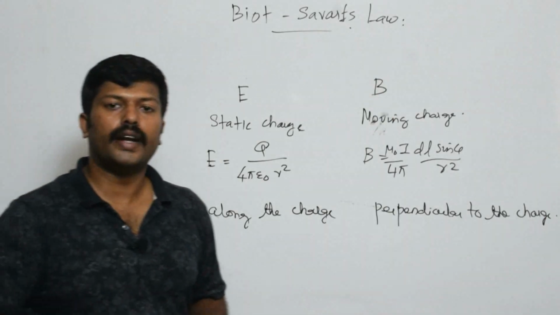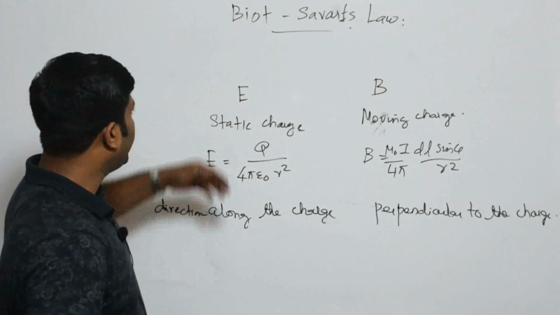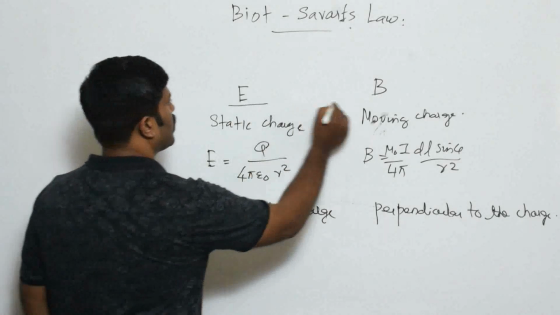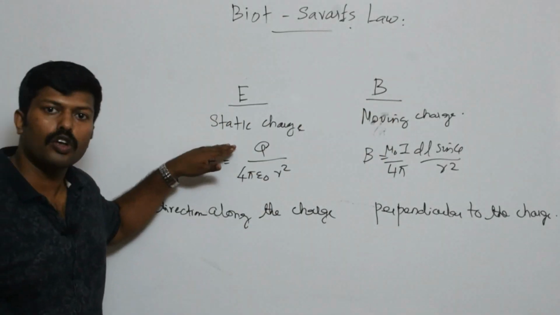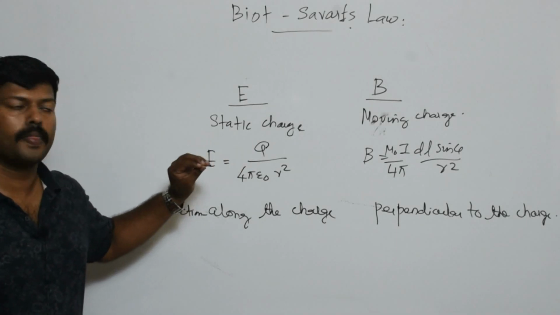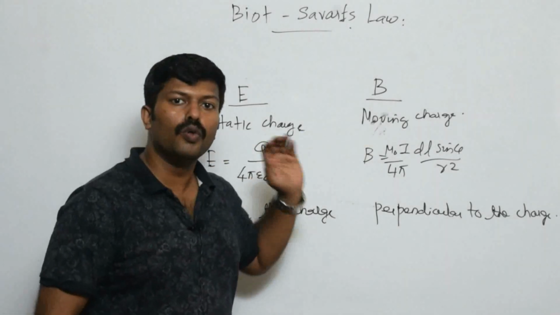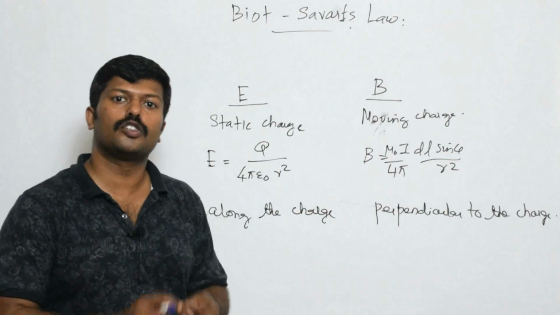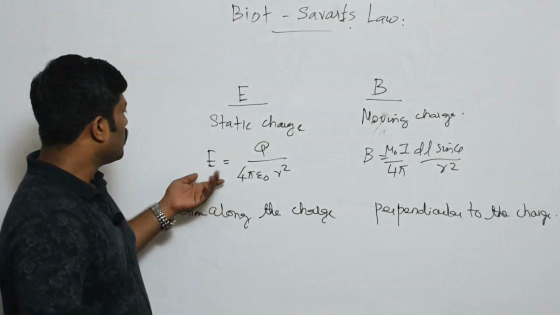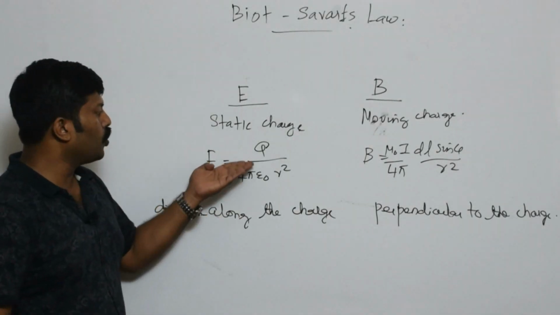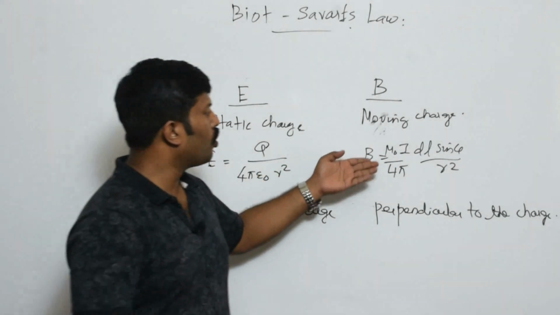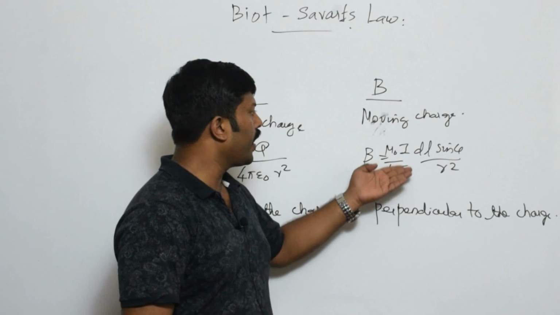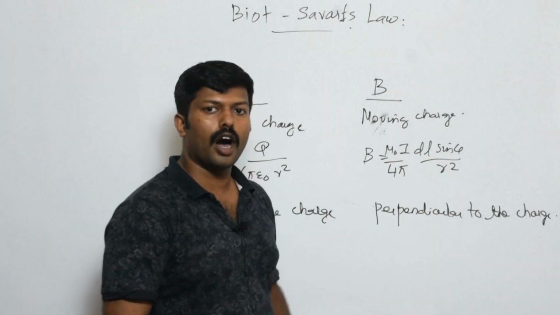So I hope that it is clear for you. I am relating the electric field as well as the magnetic field. The electric field is because of static charge, but the magnetic field is because of moving charge. If there is no moving charge, there is no magnetic field. The electric field E is given by Q divided by 4 pi epsilon naught into R squared, but B is equal to mu naught by 4 pi, I dl sine theta divided by R squared.